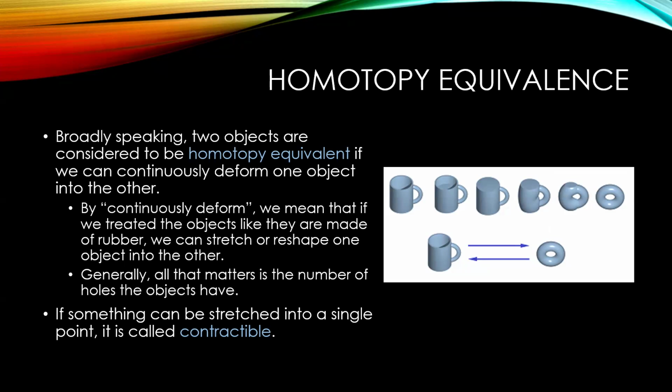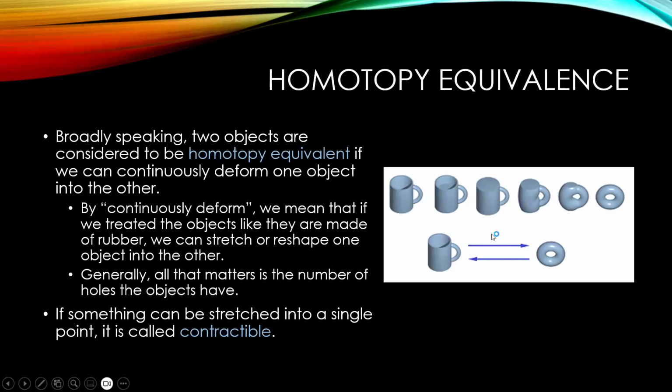And so broadly speaking, two objects are considered to be homotopy equivalent if we can continuously deform one object into the other. And so by continuously deform, we mean that if we treated the objects like they were made of rubber, we can stretch or reshape one object into the other shape. Generally, all that matters is the number of holes that an object has.